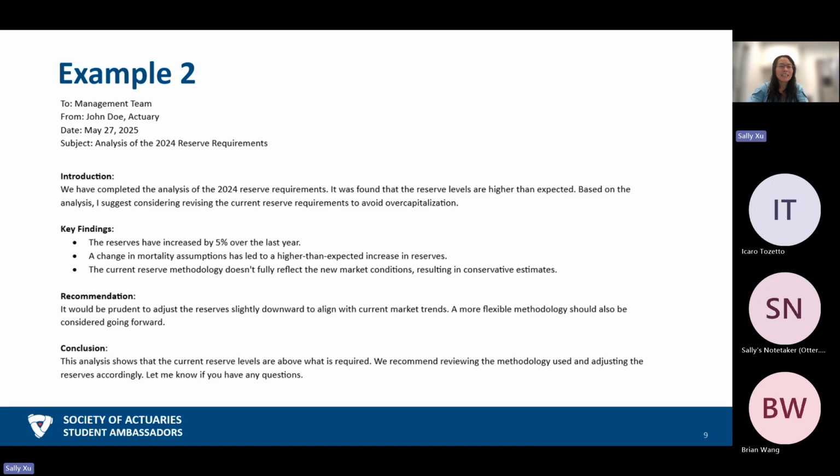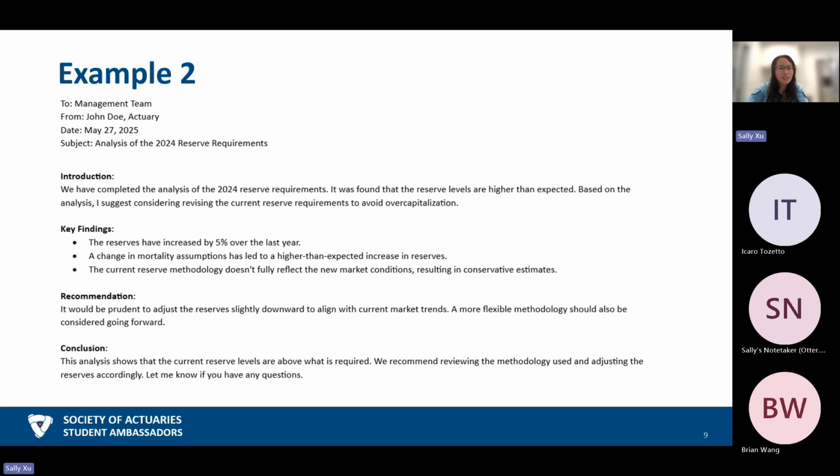So it doesn't provide enough background per se. What you want to do is talk about what this memo is about, why now, what really triggered this, and what decision and action is needed. So you want to answer a few of those questions in this section.